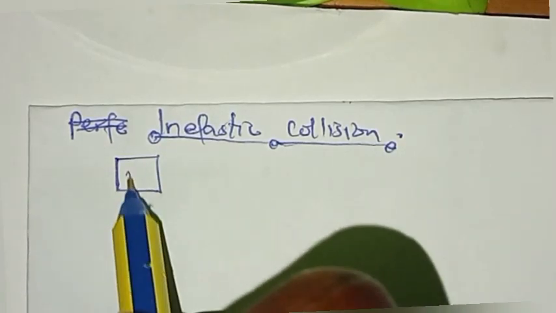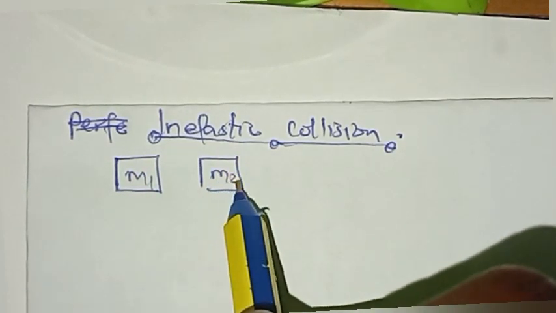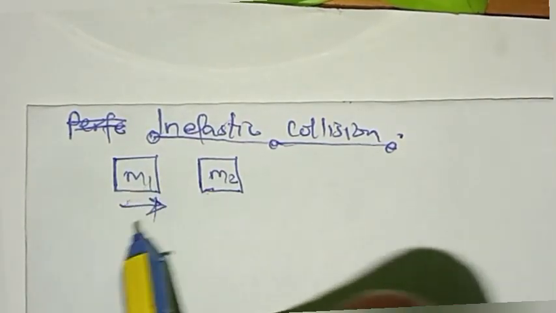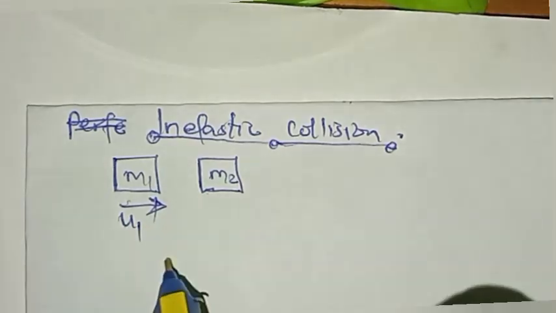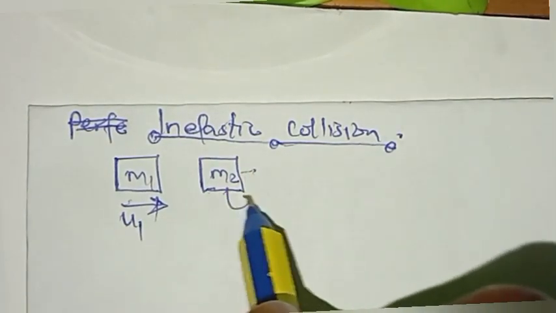Having two bodies of mass M1 and M2, M1 was moving at a velocity of U1, the initial velocity, while this was at rest.